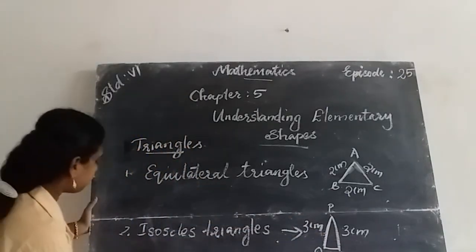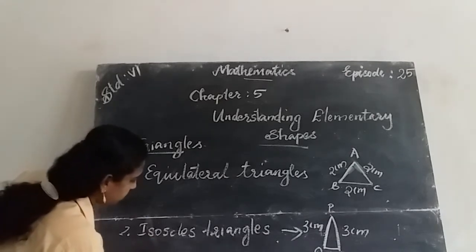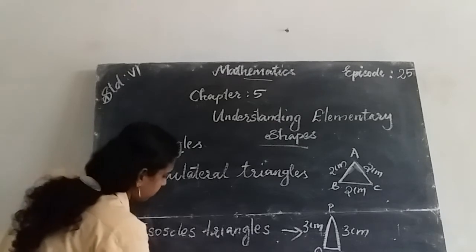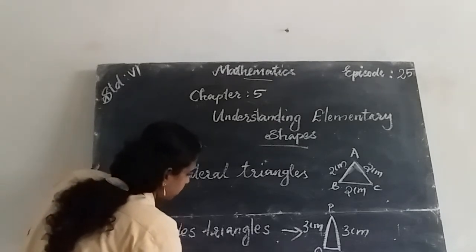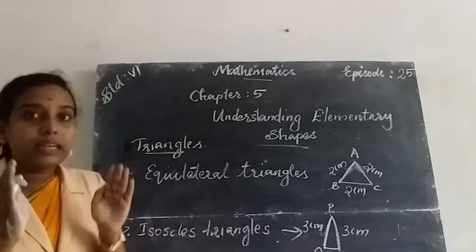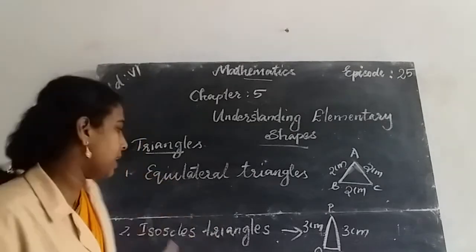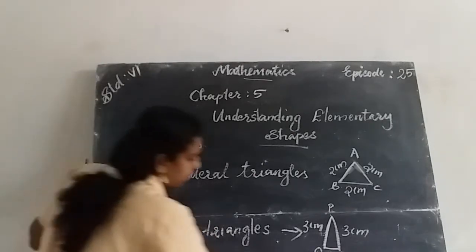Then third one is scalene triangles. Scalene triangle means the three sides are different. All three sides of the triangle are different, then it is said to be a scalene triangle, like this.